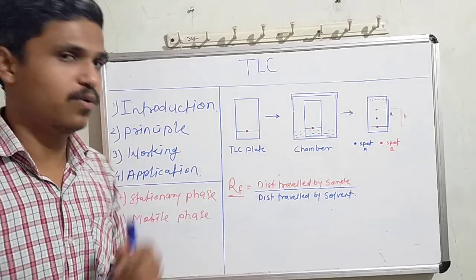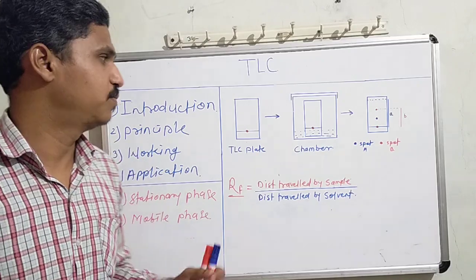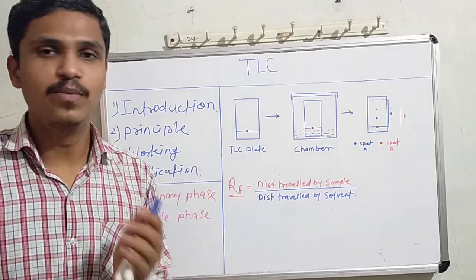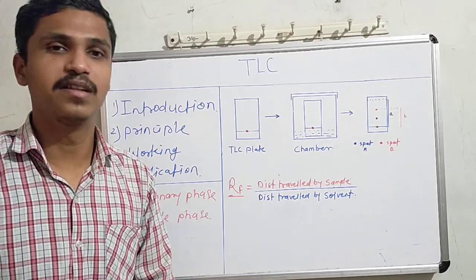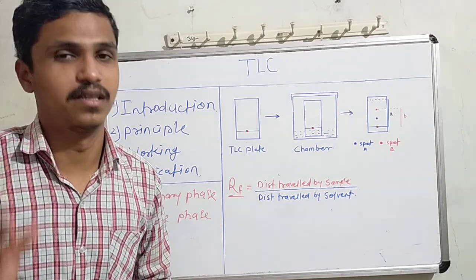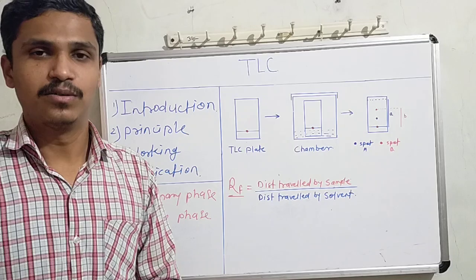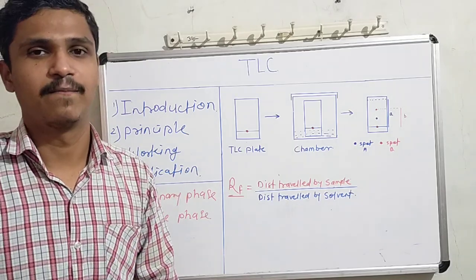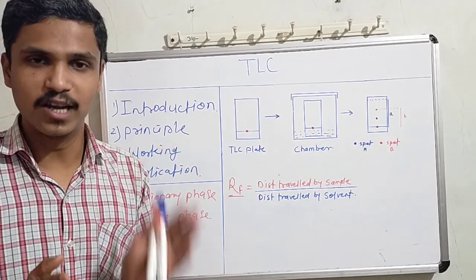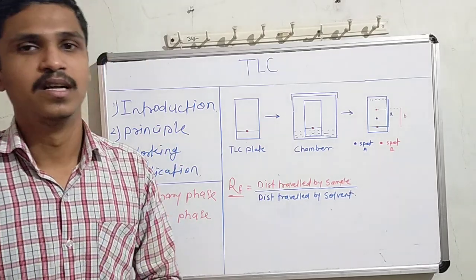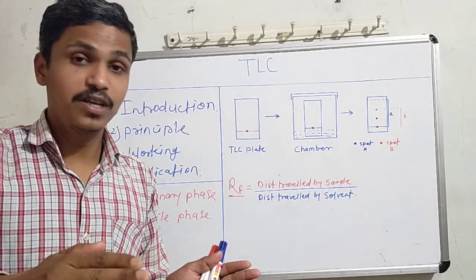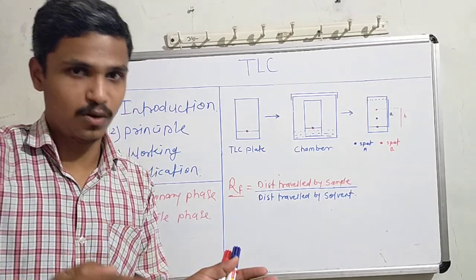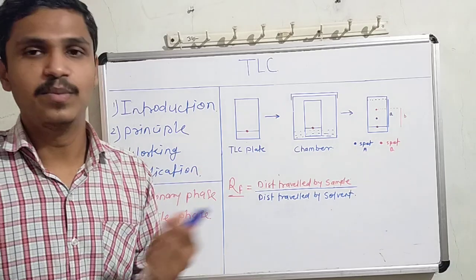The requirements for preparing a TLC plate are aluminium foil and, very importantly, silica gel. The silica gel is spread very uniformly and thinly on the aluminium sheets, which are available ready-made in the market.